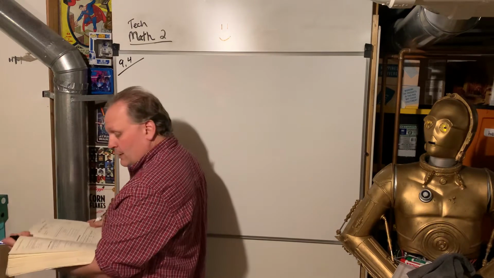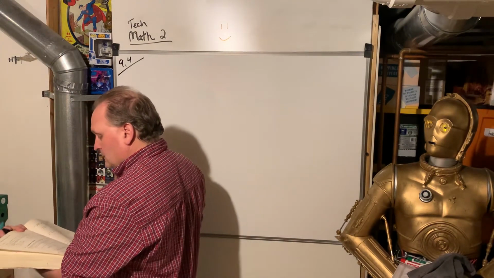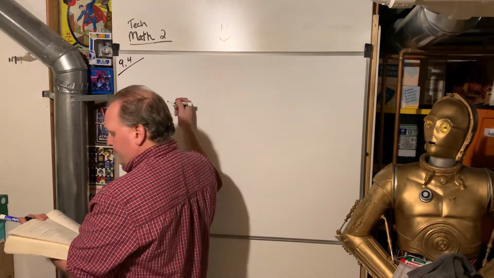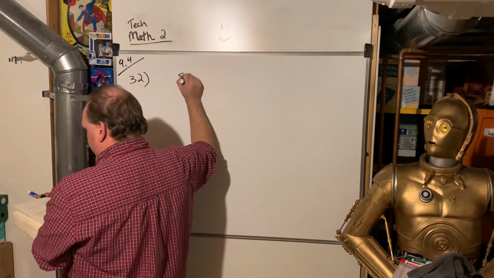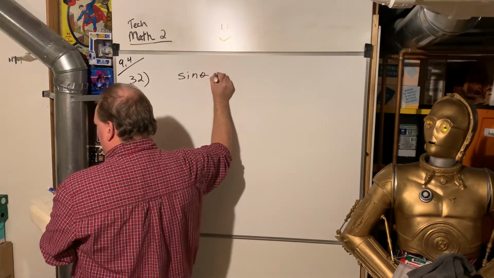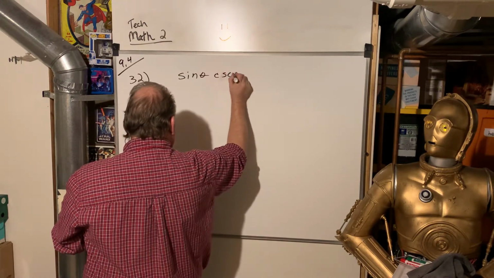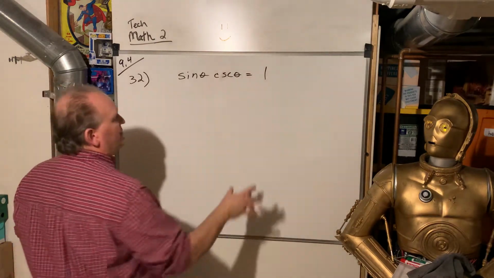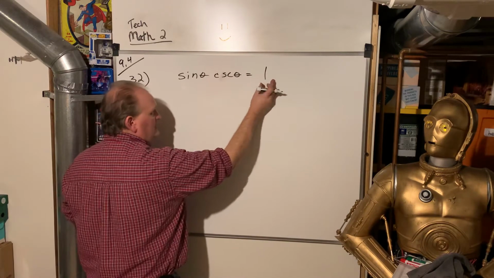In 9.4, number 32, they want me to prove that sine theta cosecant theta is equal to 1. So to do a proof, you usually pick one side, the more complex side, and make it look like the easier side.